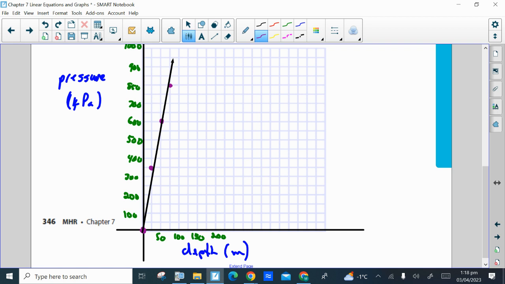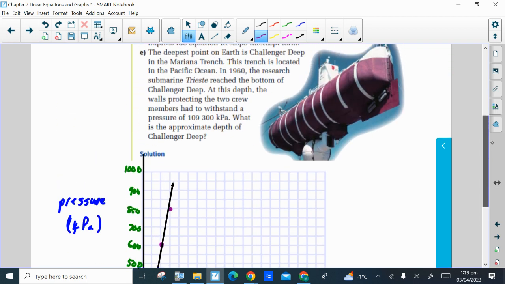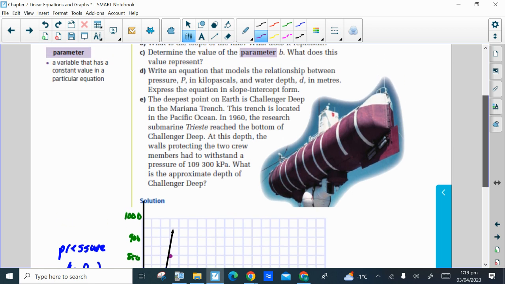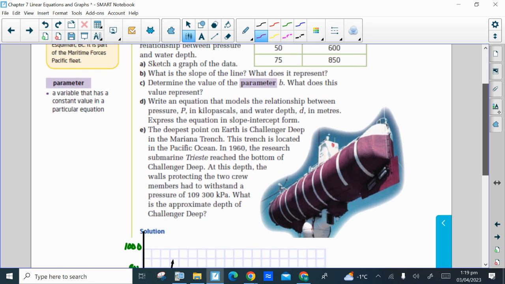Yeah, we're good. Okay? And again, in this case, you can join the points because this is continuous data.